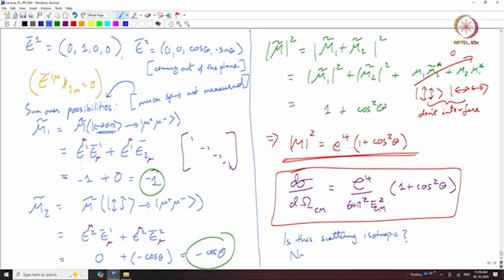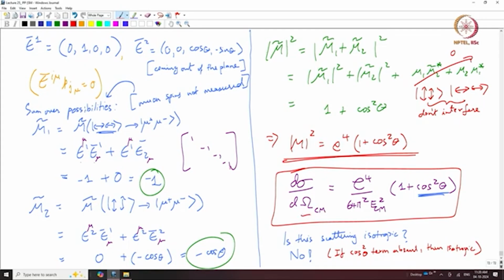Of course it is not, right? Why? Because I literally have this theta sitting here. I have a cos square theta sitting here. If the cos square theta term were absent, then yeah, sure, this scattering cross section doesn't care about the direction.